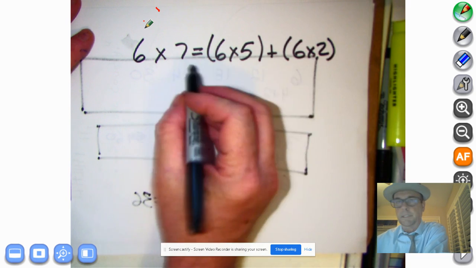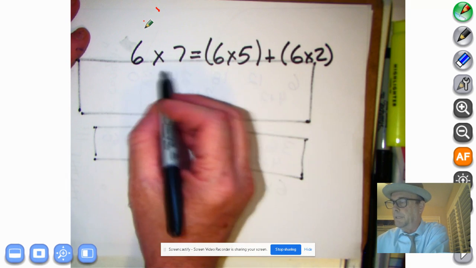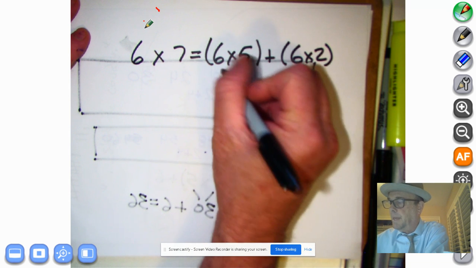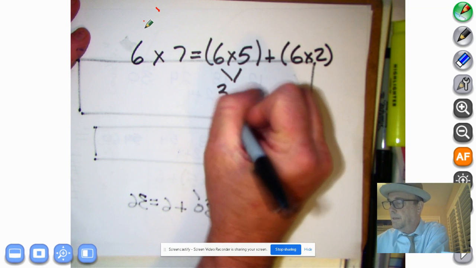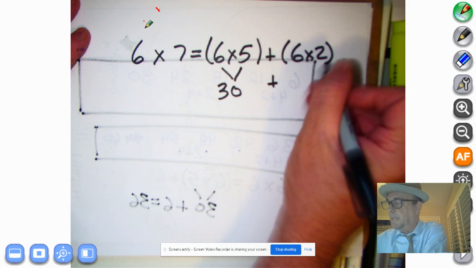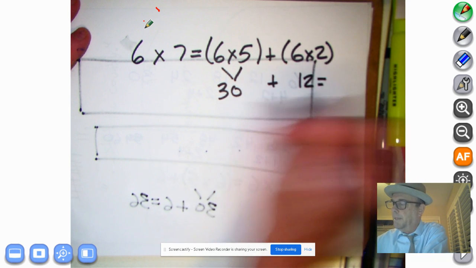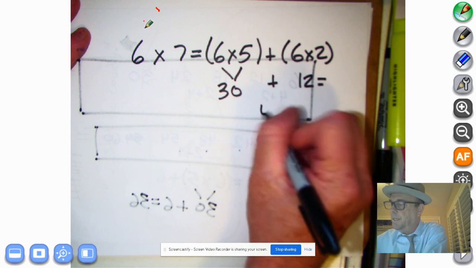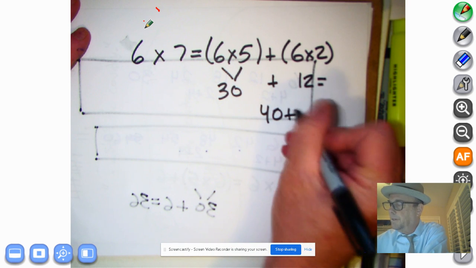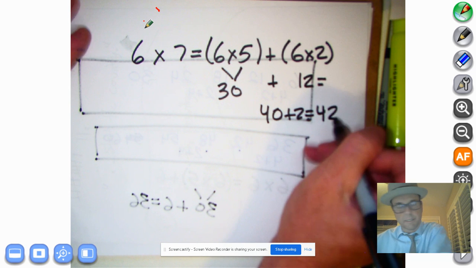Because there's our 6 times 5. 6 times 2 would be 6 times 7. So what's 6 times 5? We know that to be 30. And we could add on 6 times 2, which is 12. And we're ready to add 30 plus 12. Well, I know 30 plus 10 is 40. And we have the 2 left over. So it would equal 42.